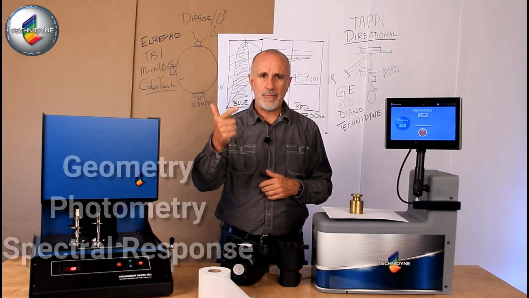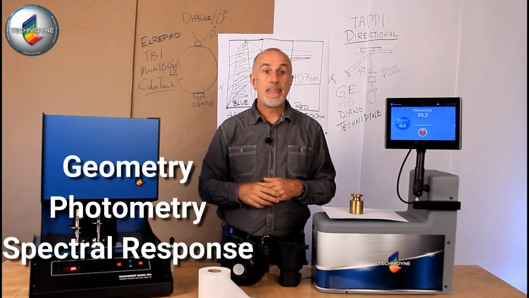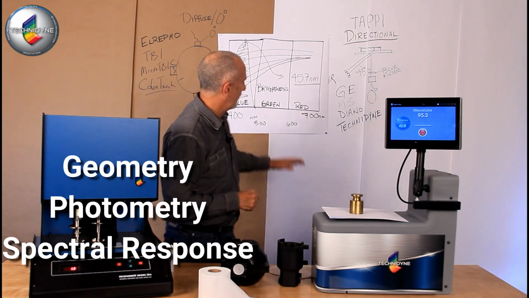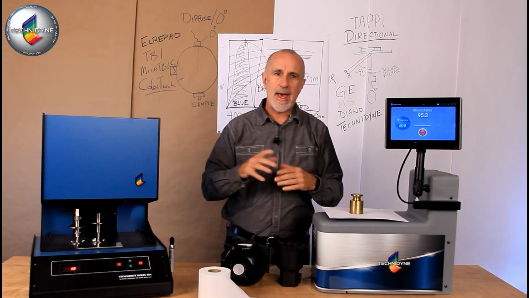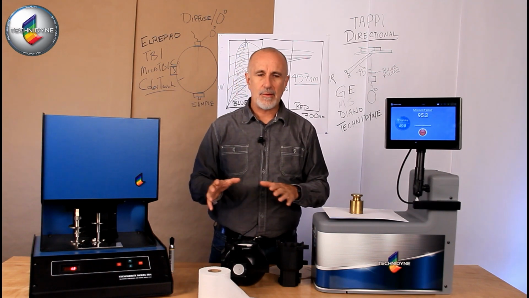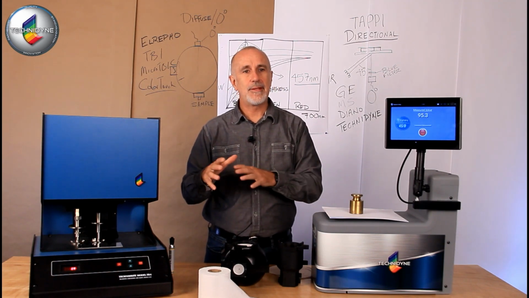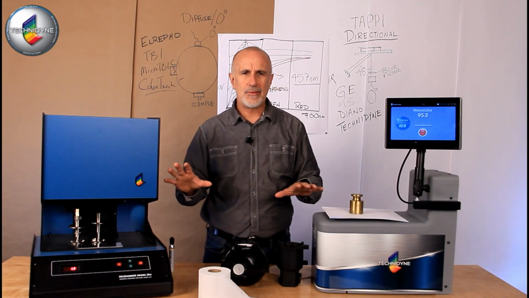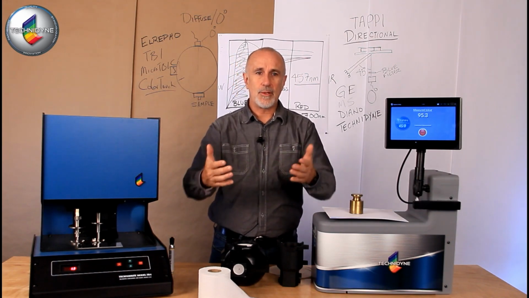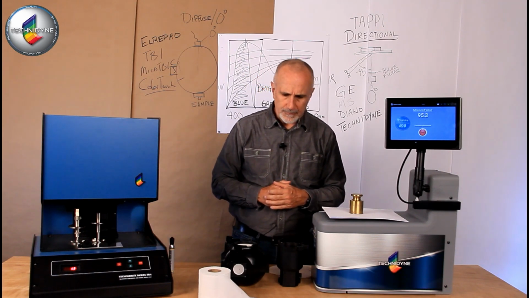So it's geometry, photometry, spectral response. And on spectral response, they have this, and so they agree on that. So 1 out of 3 is where they agree. If they only agree a third of the time in those three parameters, then we can't expect they're going to agree with each other when they measure your product. So that is the case.